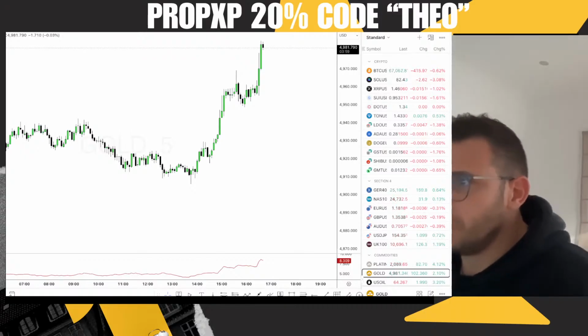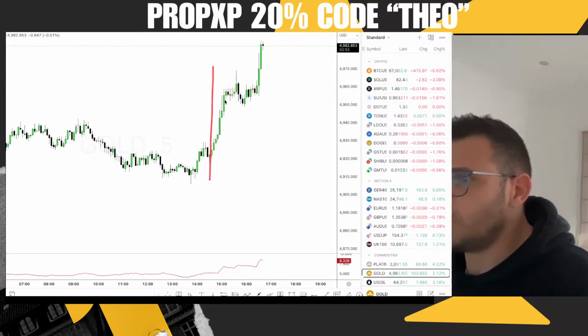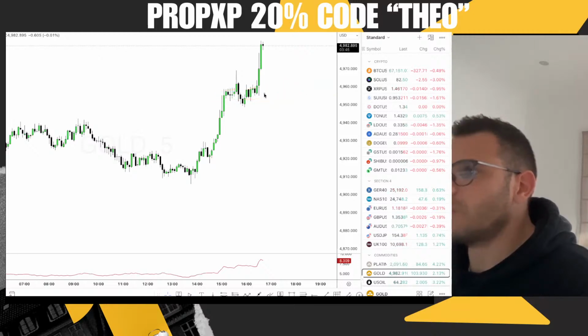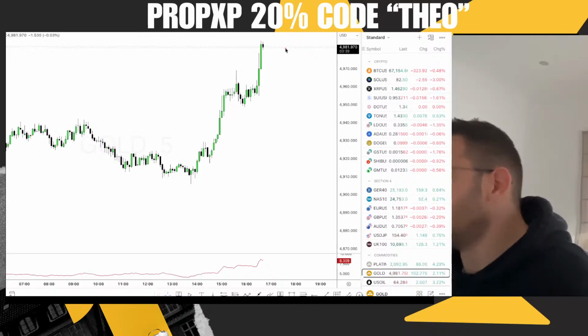So here the price went up, consolidated. That's the P shape we see on the volume profile. It looks like this, and this is the area where the price finds it comfortable for retracements. We will see.